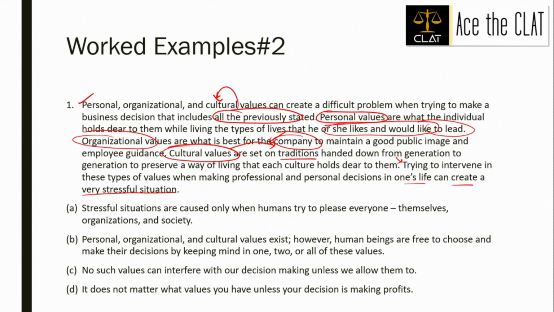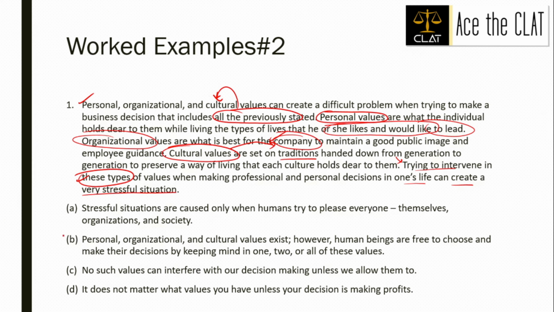He tries to define what all these values are. And finally he sums up his entire claim by saying that when you try to intervene in these three types of values, it may create a very stressful situation while making a professional or personal decision.